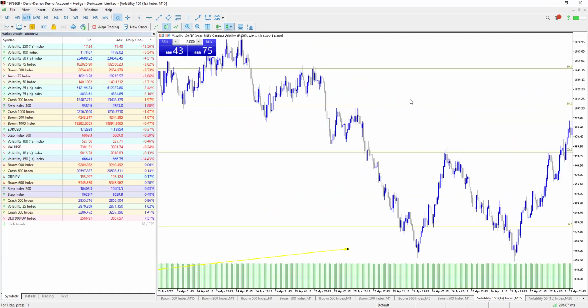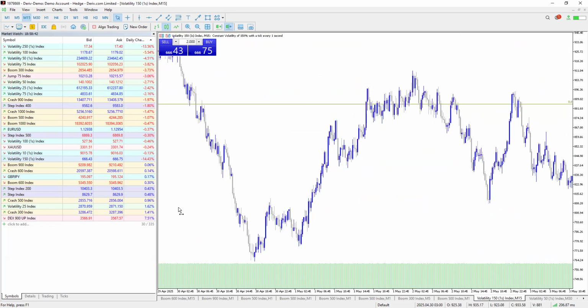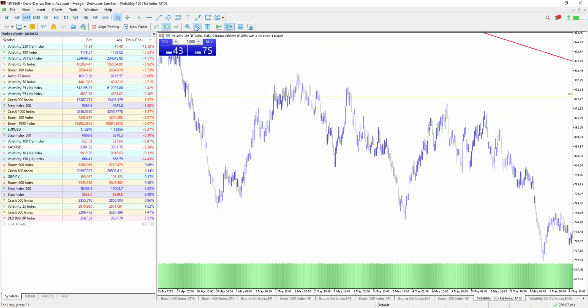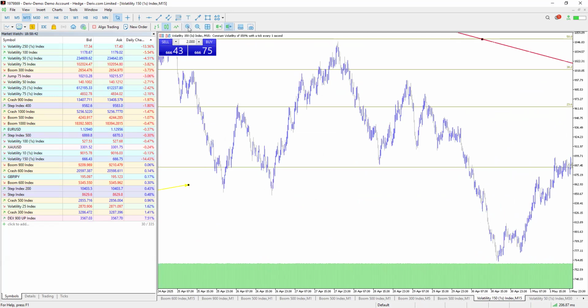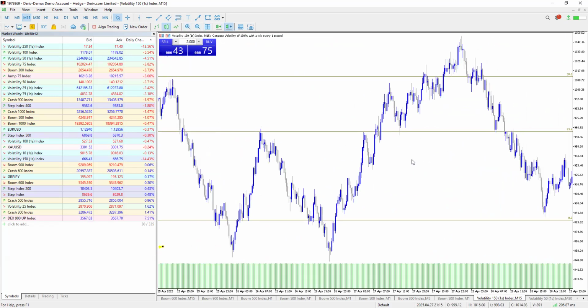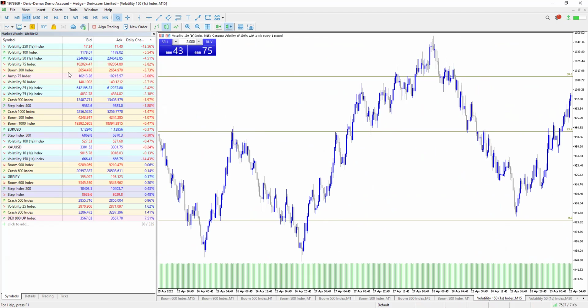In M15, you can actually see that as we approached our fib level, where is it? Right, it's here. So let me zoom again a bit. As we approached our fib level 50, you can see that we have a high, a low, a high, a low, a high. Let me change color.